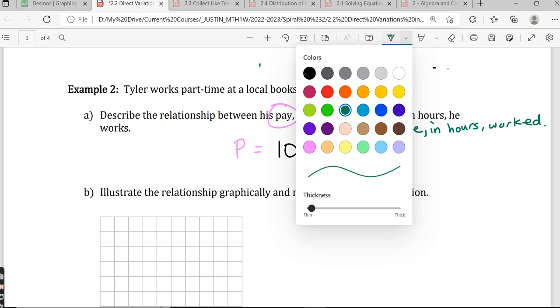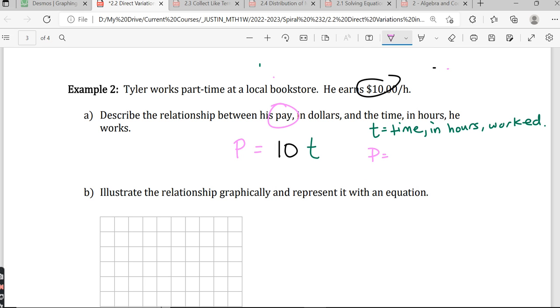And P is the pay in dollars. Okay, so is this an example of a direct variation? It is. Hours worked times $10 per hour gives us the pay, okay? An example of this question where it's not direct variation might be Tyler works part-time at a local bookstore but gets commission.